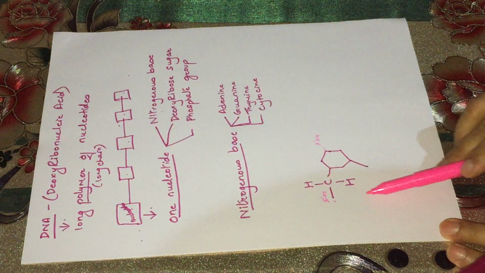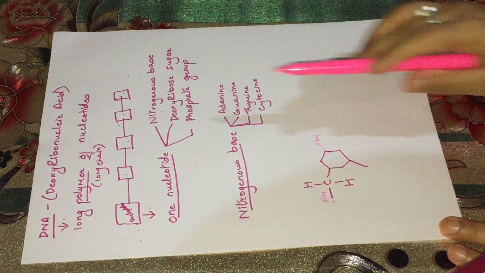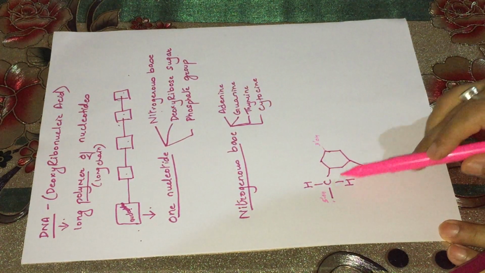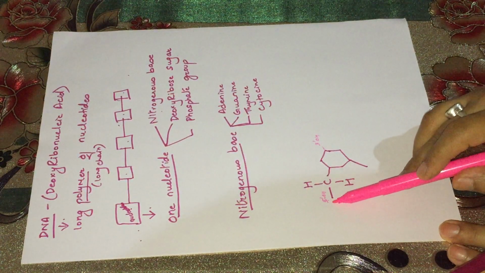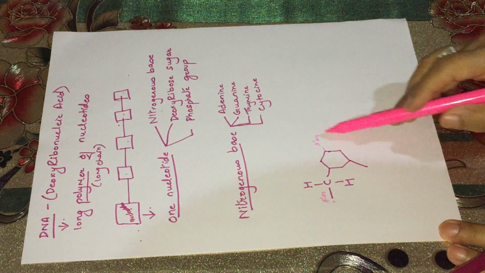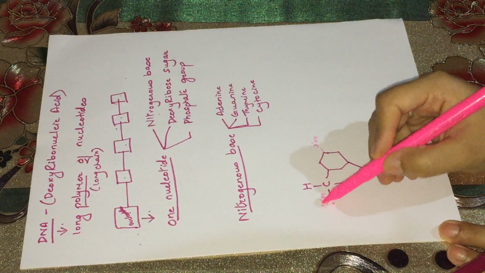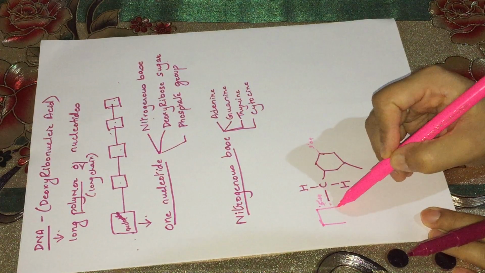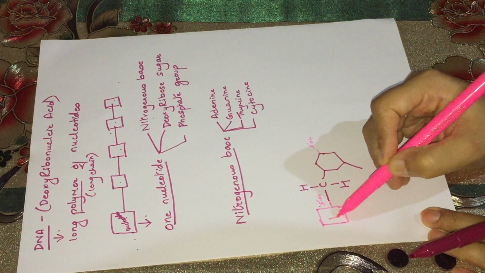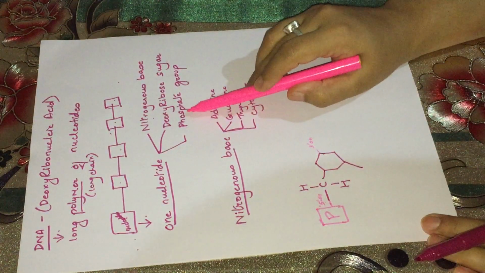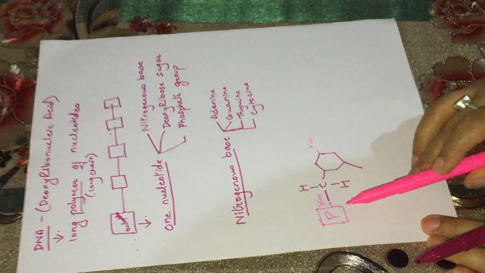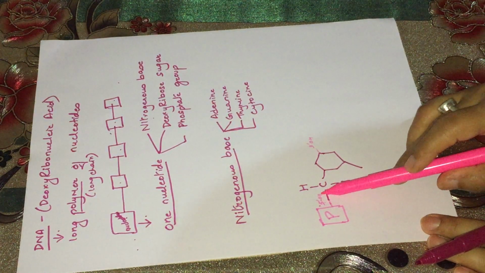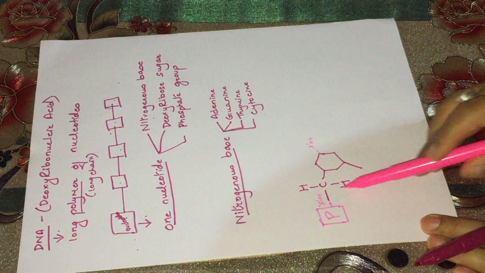The 5 dash OH group of this deoxyribose sugar is attached to a phosphate group.